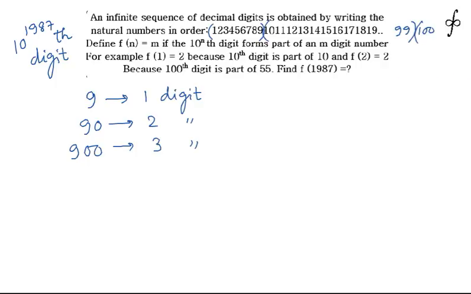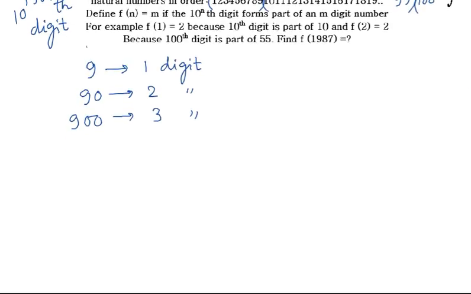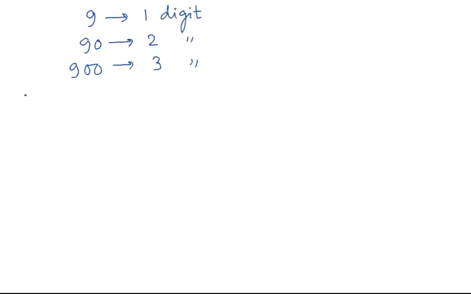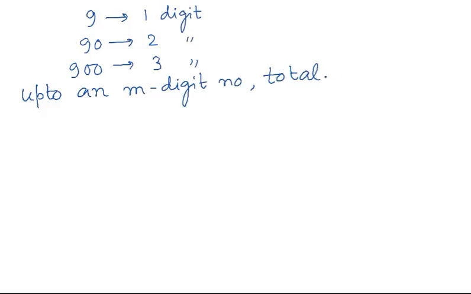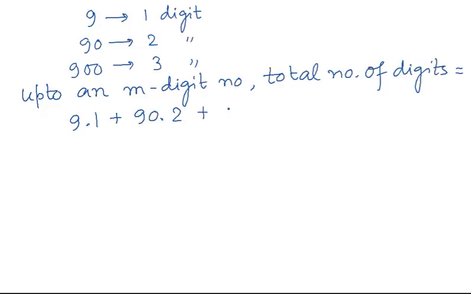In this way, let us find the total number of digits up to an m-digit number. From the beginning, there are 9 one-digit numbers, 90 two-digit numbers, so 90 into 2, plus 900 three-digit numbers, 900 into 3.